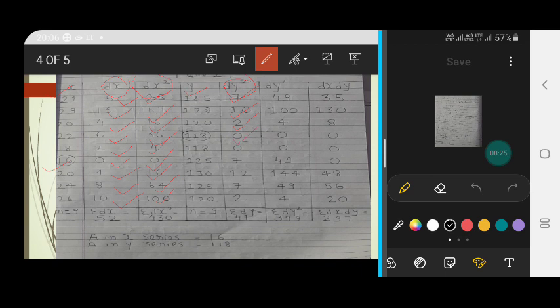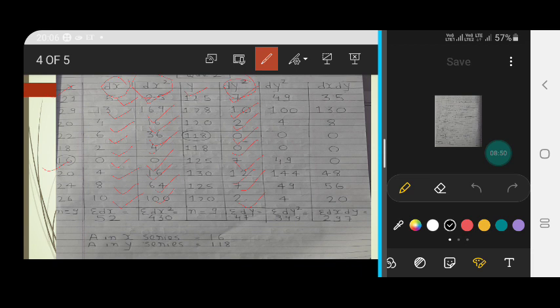Again 118 minus 118. Again we will get 0. Then 125 minus 118. So we will get 7. Then 130 minus 118. We will get 12. Then 125 minus 118. We will get 7. Then 120 minus 118. We will get 2. This way we have calculated the values under the dy column.